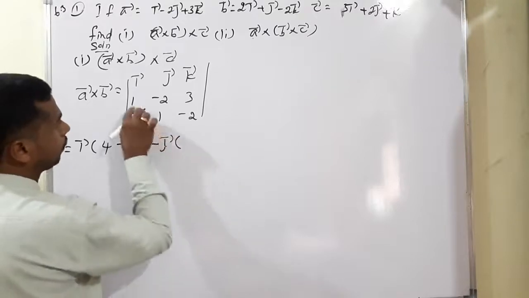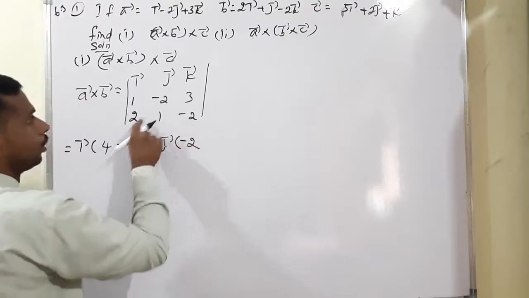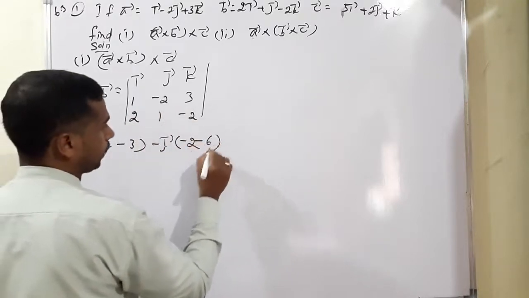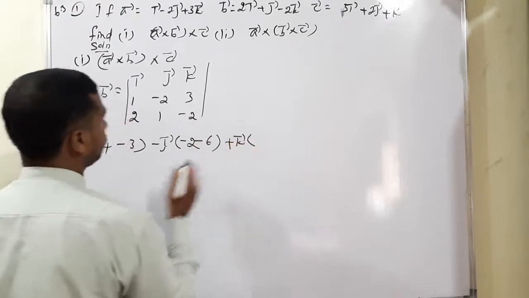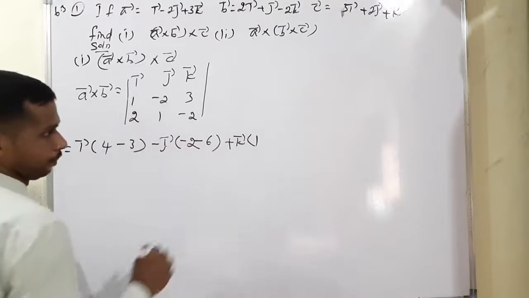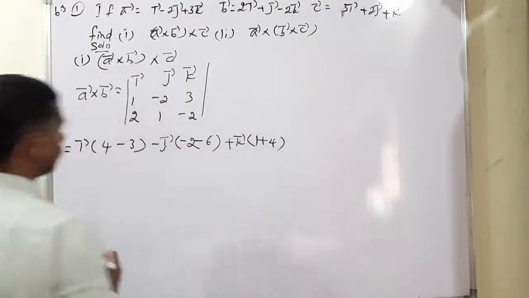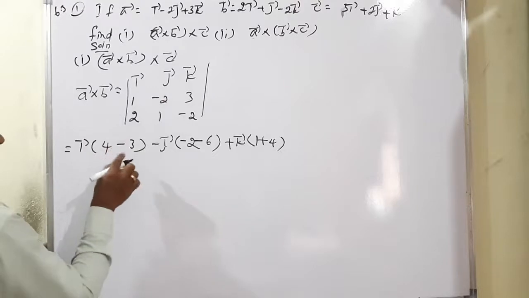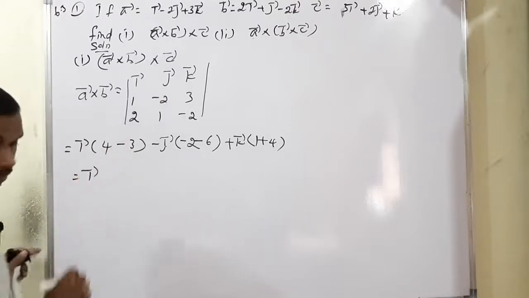Again minus j vector: 1 into minus 2 is minus 2, 2 threes are 6, so minus 6. Then plus k vector: 1 into 1 is 1, minus 2 into 2 is minus 4, but positive 4 will come. So 4 minus 3 is 1.